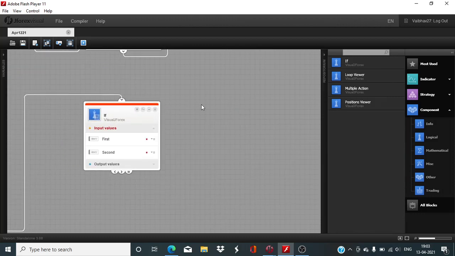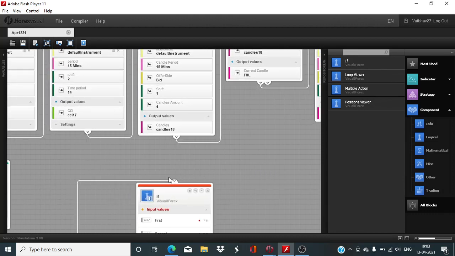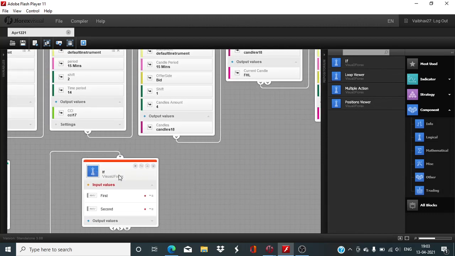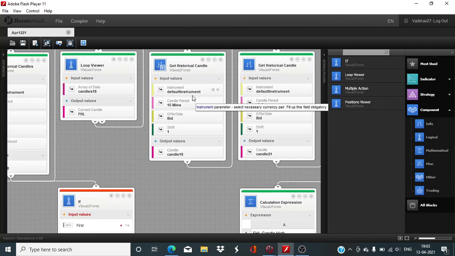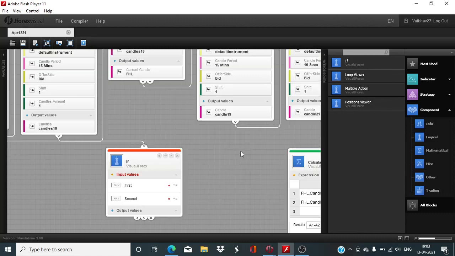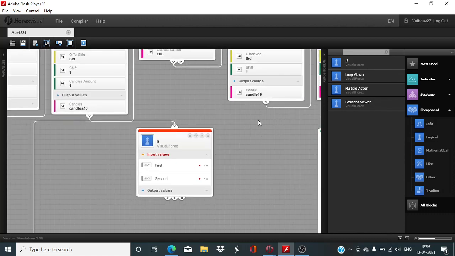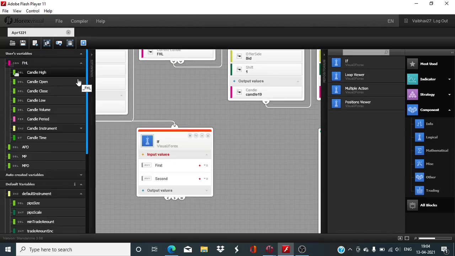Okay, then additional requirement is also going to be that last 15 minutes candle, which is candle 19, should have its closing value above the opening price.